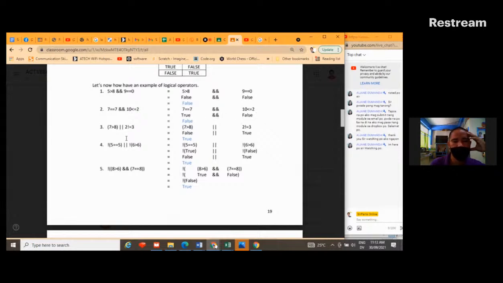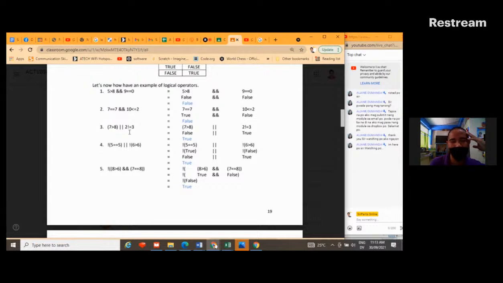And then for number 3, 7 is greater than 8. Take note of the direction of the symbol. That is the greater than symbol. I hope you're already familiar with that from high school, I think even in elementary.